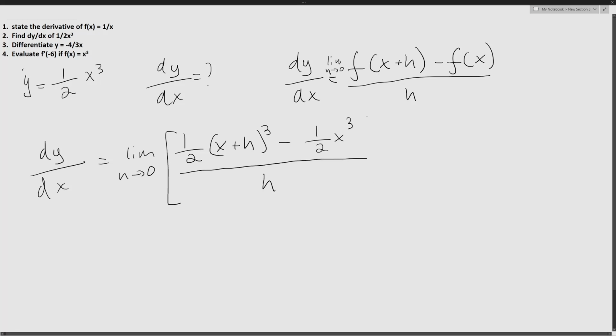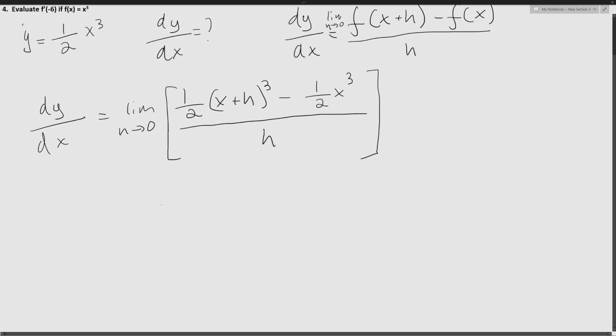So again, in this case, we need to get rid of the h in our denominator, because right now, this would give us 0 over 0 if we were to substitute it straight in.